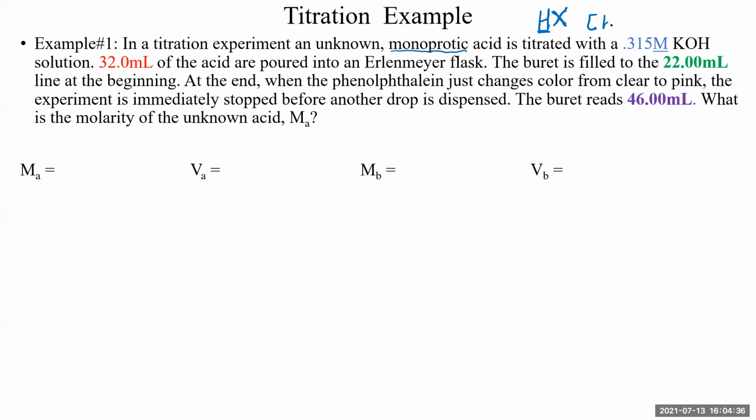That is what that information is telling us. This is not necessarily true, and you cannot take it for granted. If I didn't tell you, you wouldn't actually know, and it would be an ambiguous problem. So by me saying monoprotic, it implies that the hydrogen ion molarity equals the overall unknown acid molecules' molarity.